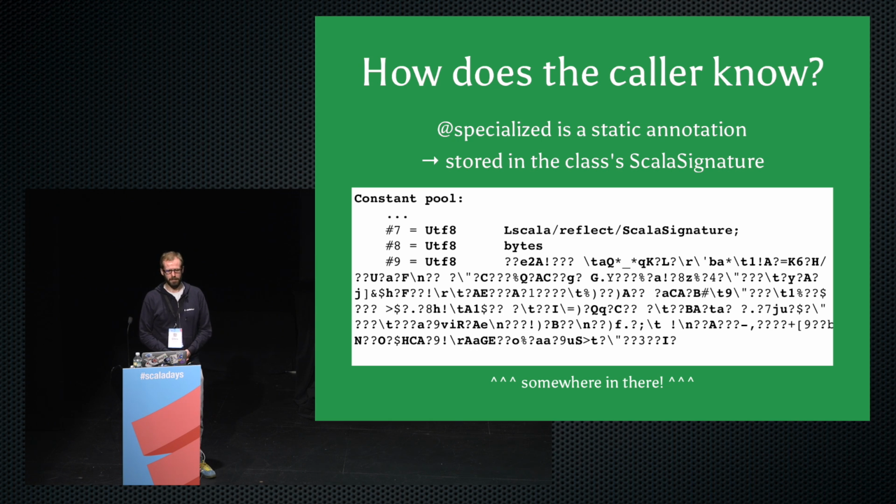And the answer is that specialized is a so-called static annotation, which means that it gets persisted into the Scala signature, which itself in turn is persisted as an annotation inside the class file. So somewhere inside that big blob of bytes, if you decode that, you can see the specialized annotation in there. So when the compiler sees that, it knows that it's specialized, and it will automatically choose the correct specialized version of that class when it needs to.